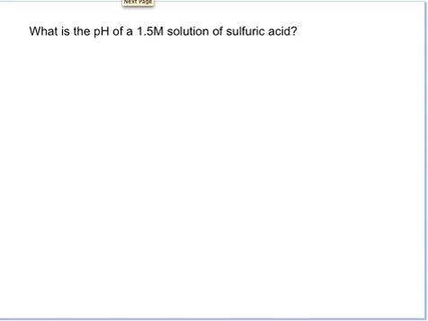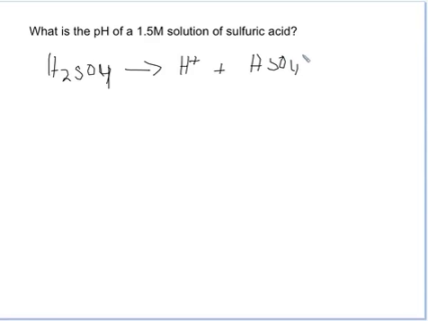What is the pH of a 1.5 molar solution of sulfuric acid? Now sulfuric acid is H2SO4. So when it dissociates, it's going to dissociate into H plus plus HSO4 minus. And so for every 1.5 mole of this, you're going to get a 1.5 molar solution of H plus.